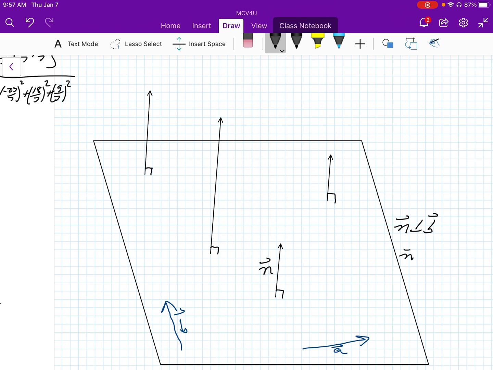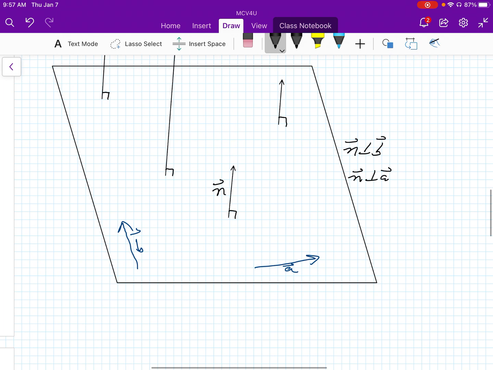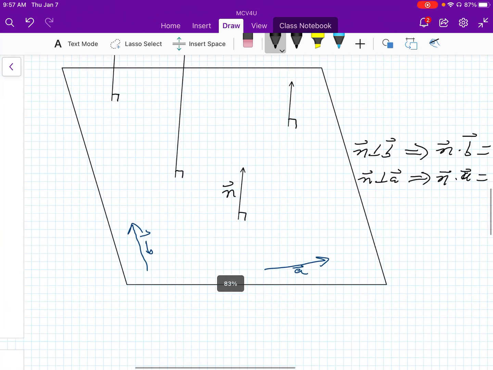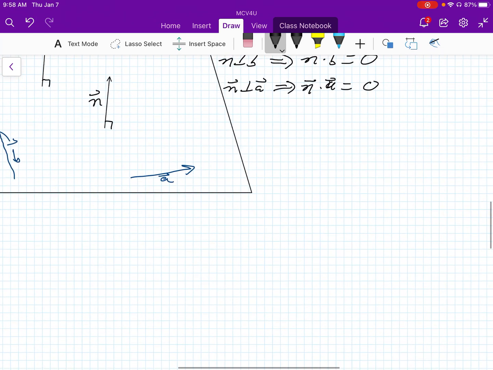We also know that n is perpendicular to vector a for the same reason. Now here's where the dot product comes into play. Since these are perpendicular, if we take the dot product between the two of them, we're going to get an answer of 0. N dot b is 0, n dot a is 0. We're going to use this fact in order to find one of the n's that can fit anywhere on this plane.